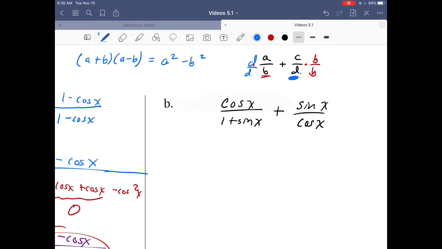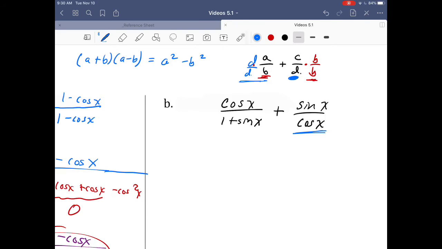So what I like to do is take this one, put it over itself on the first fraction, take this one, put it over itself on the second fraction, and kind of take it from there. So if we want to add two fractions, no matter what they look like, even if they're chock full of trig expressions or numbers or whatever, the process is identical.